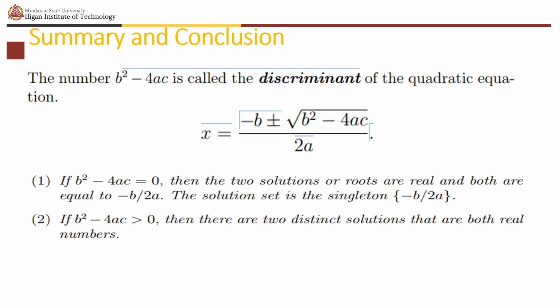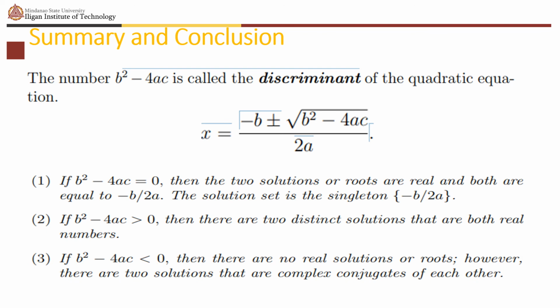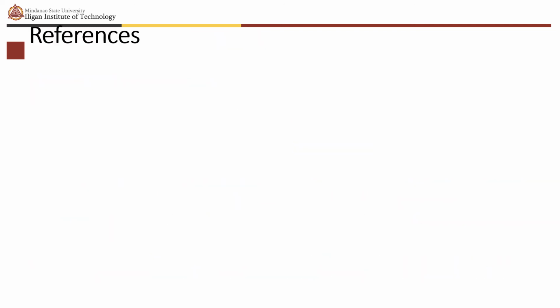They are both real numbers, given by negative b plus or minus the square root of that value over 2a. But if b squared minus 4ac is less than 0, then there are no real solutions or roots. However, there are two solutions that are complex conjugates of each other.